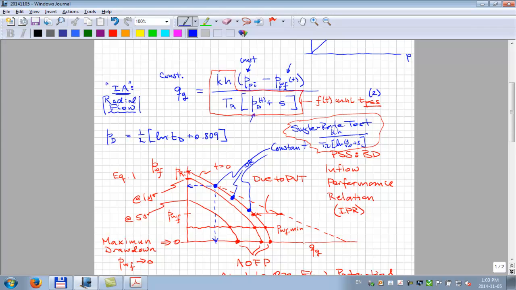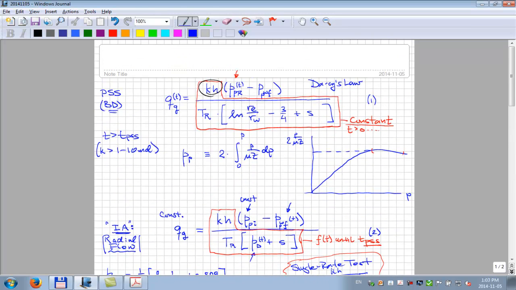Okay, any questions? So in both cases we're going to run using a single choke, but if you have a high enough perm, you put it on a single choke, the rate's going to stabilize to more or less a constant value. The bottom hole flowing pressure is going to be more or less constant, and you get your PI directly.